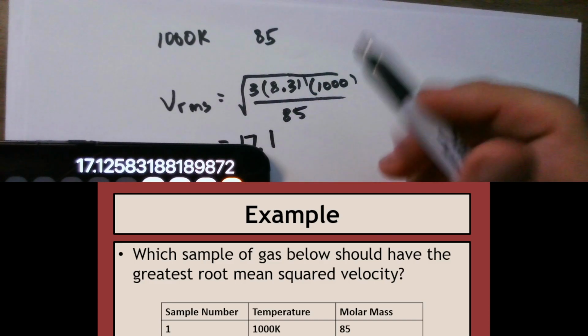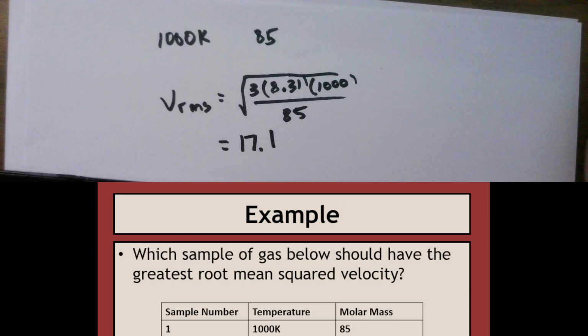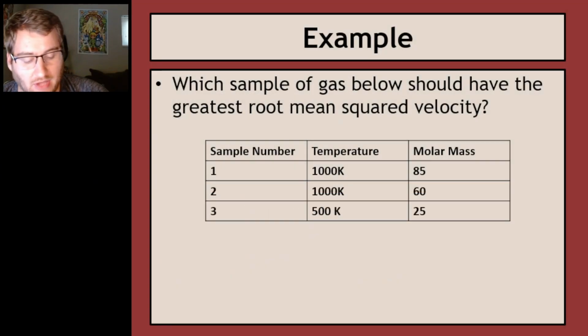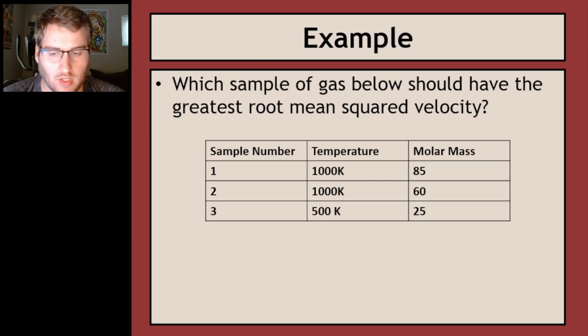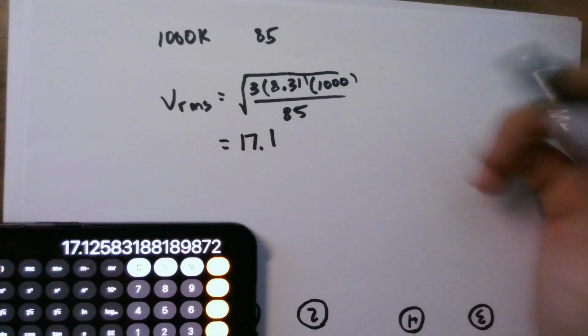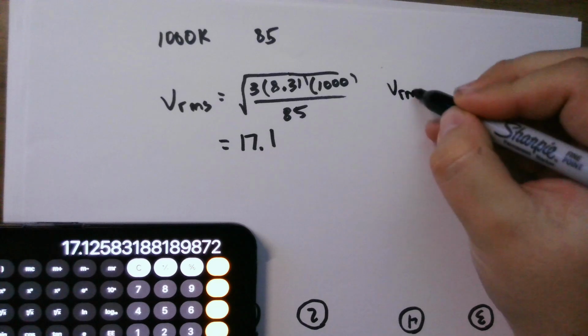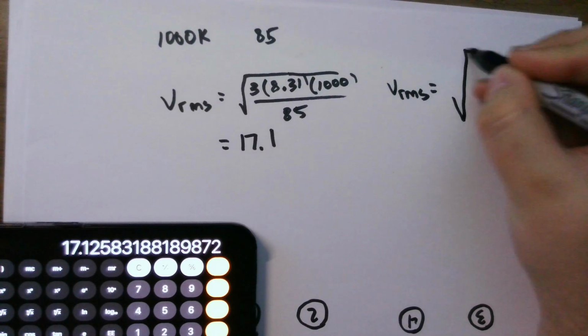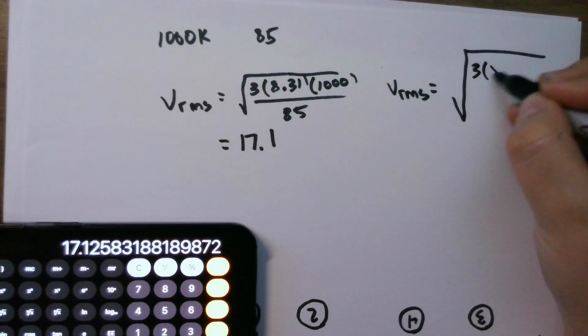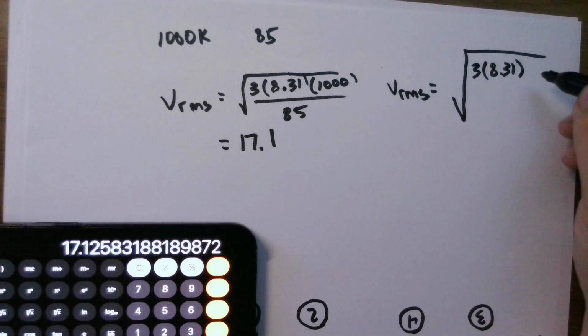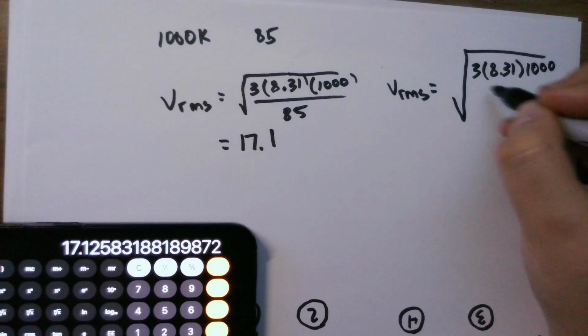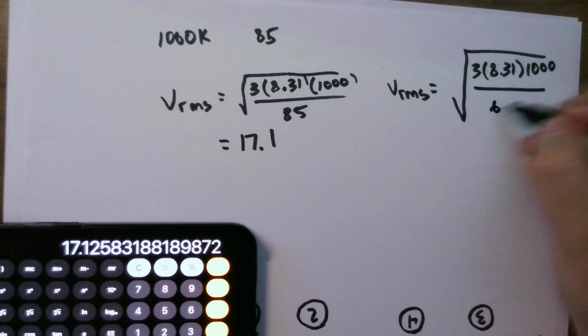Okay, I'm just going to repeat that for my other two. My next sample, if I go back, has 1000 Kelvin and 60 molar mass. So I'm going to plug that in here. V RMS is the square root of the entire thing, 3 R, 8.31, temperature 1000, divide by 60 molar mass.